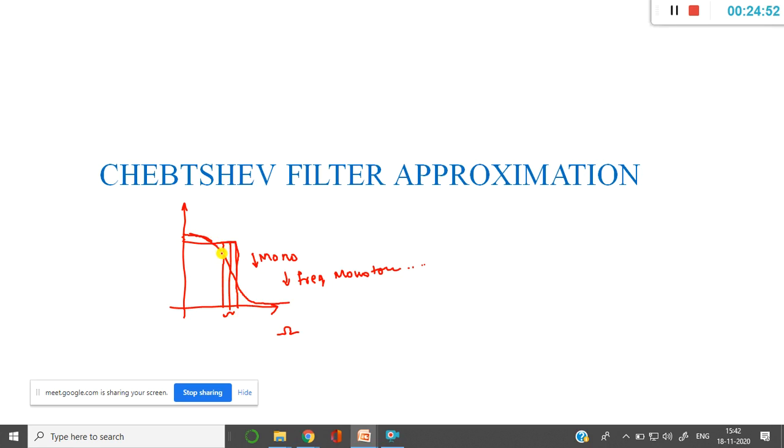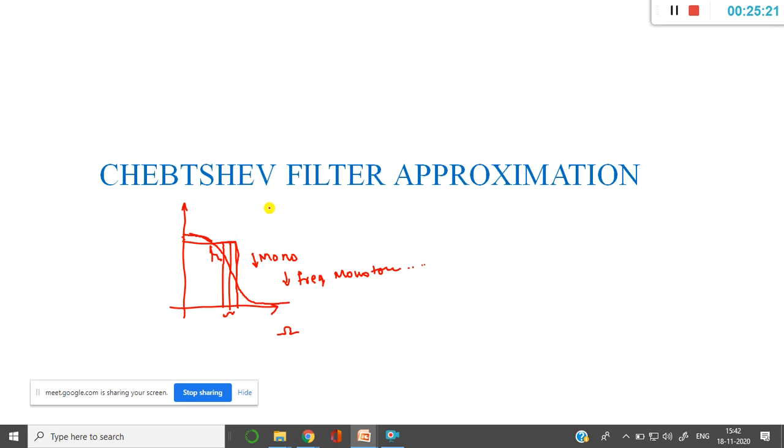So these were missing out, which means that because of this monotonically decreasing frequency response as omega increases, I am losing lower frequency components. So this was one of the disadvantages in the Butterworth filter.